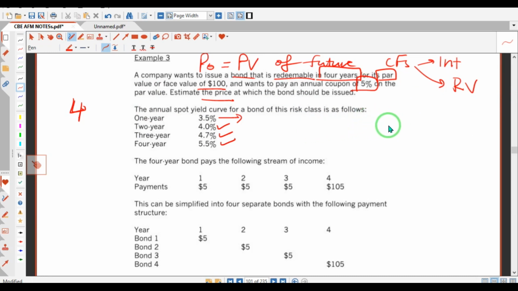So I say, fine, how much do you want? She's a nice girl. She says she only wants $5. Okay, I'm going to give you $5 at the end of the year.